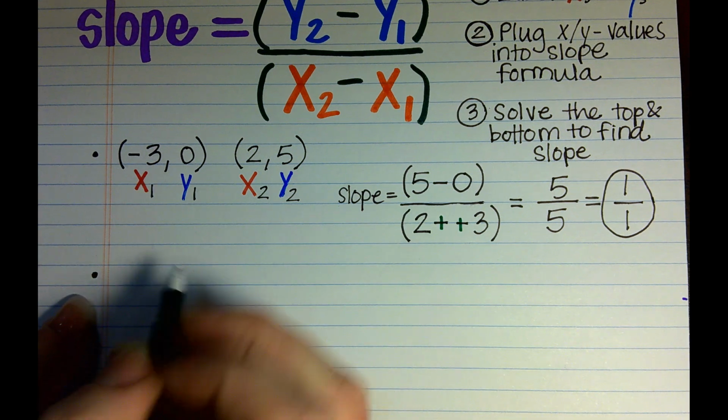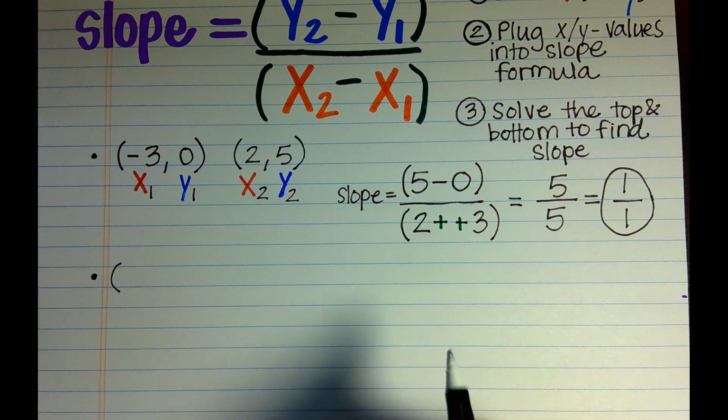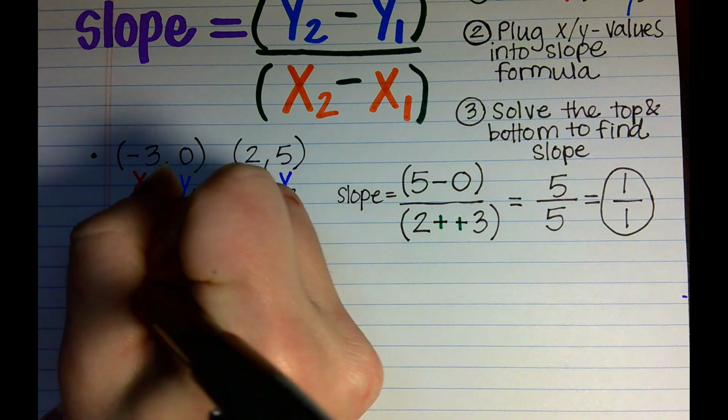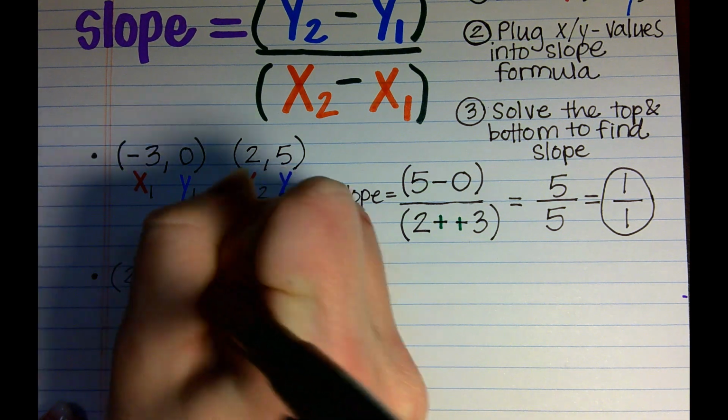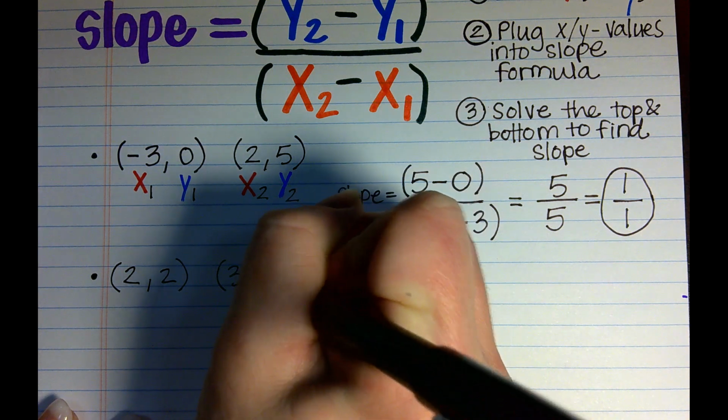Let's go ahead, and this is going to be the coordinates from number 3 on our do now. I have 2, 2, 3, 5.